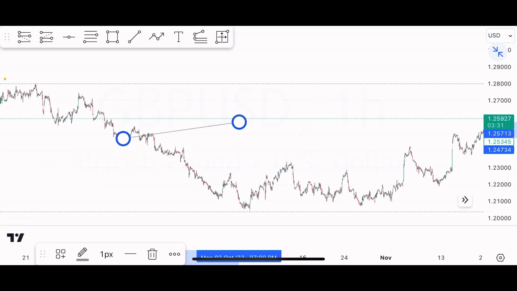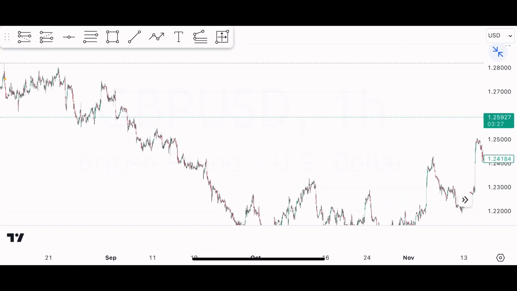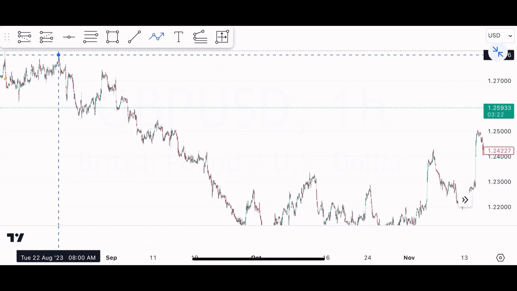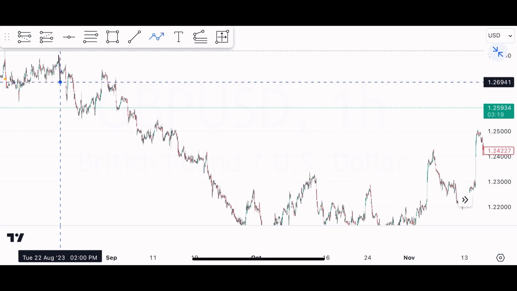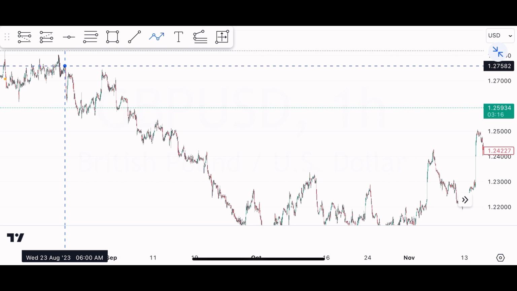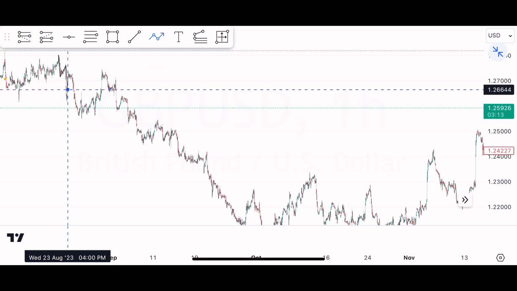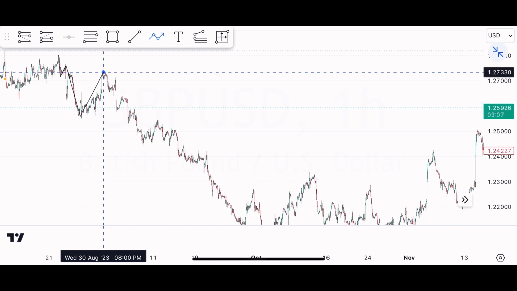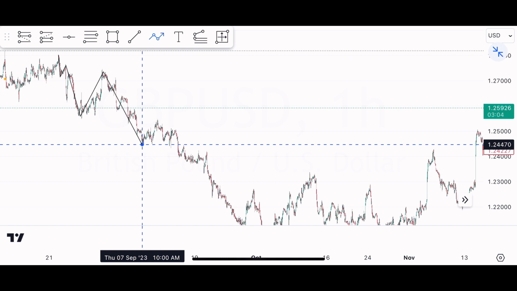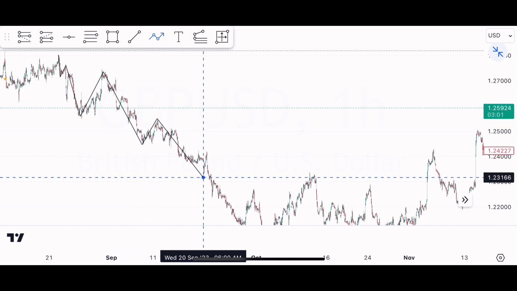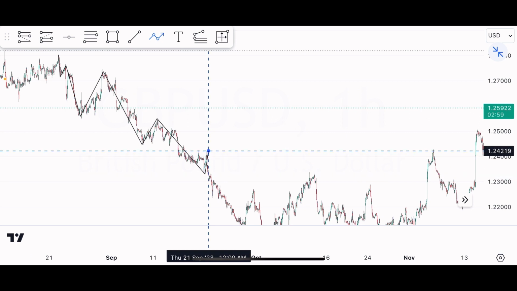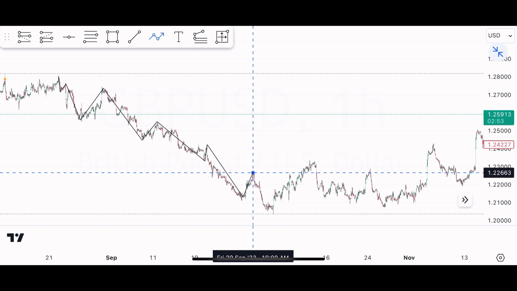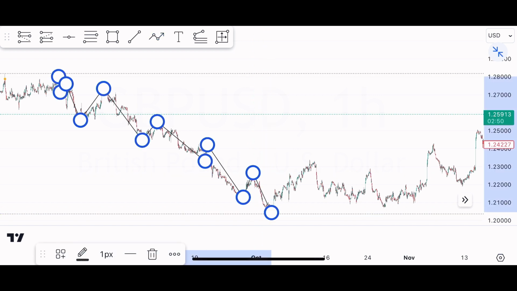So let us make this a bearish trend formation. High, low, lower high, lower low, lower high, lower low, lower high, lower low, lower high, lower low, lower high, lower low.